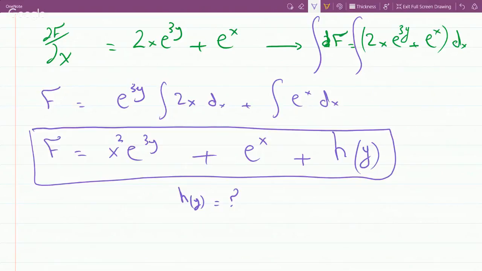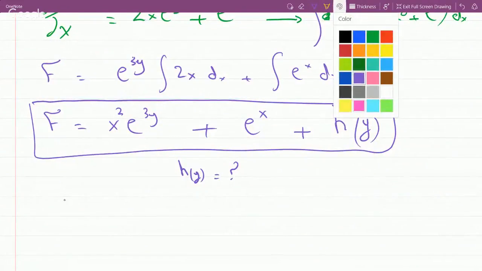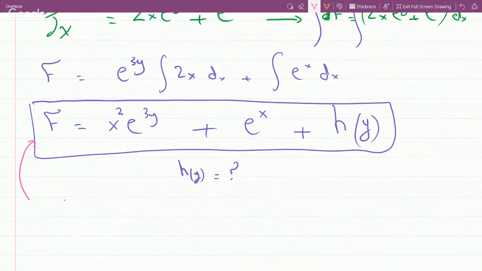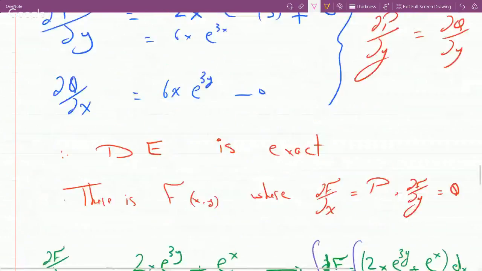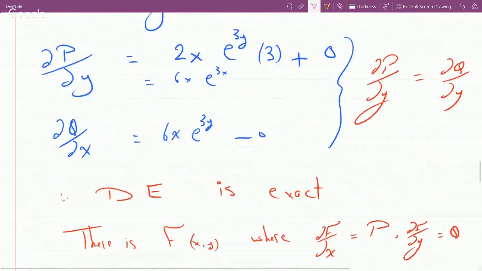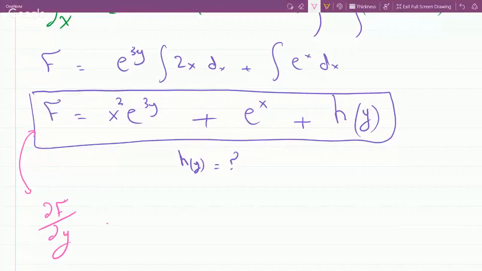And here we're going to differentiate this one more time with respect to y. And we're going to set it equal to df over dy, which is Q, which we have, and solve for h of y. So if I differentiate this with respect to y, this is just 3x squared e to the 3y, partial with respect to y.